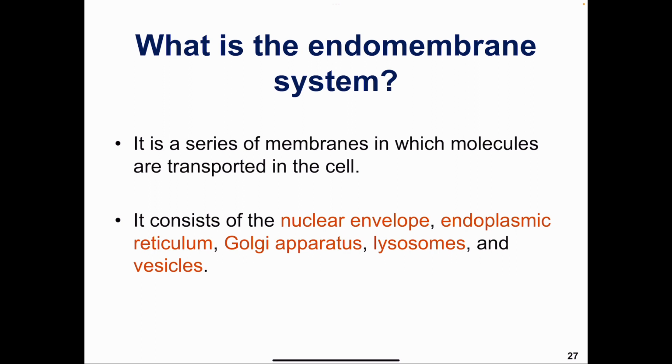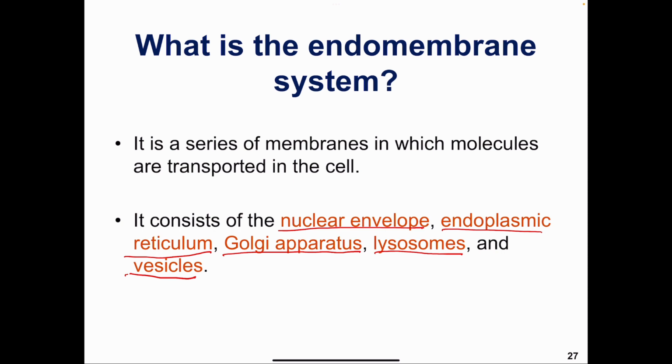So this membrane system is going to include the nuclear envelope and the endoplasmic reticulum. One I have not mentioned so far is the Golgi apparatus, and others I've not mentioned so far are the lysosomes and the transport vesicles or other vesicles, right?